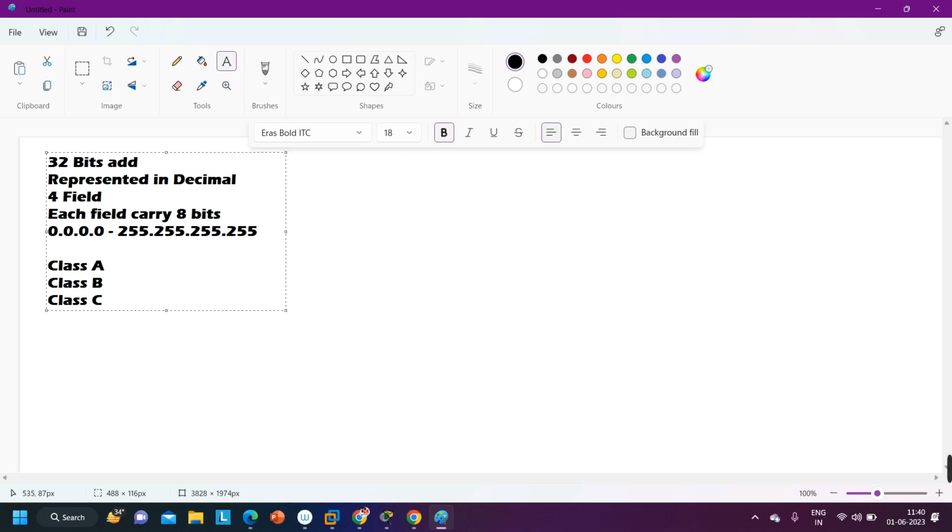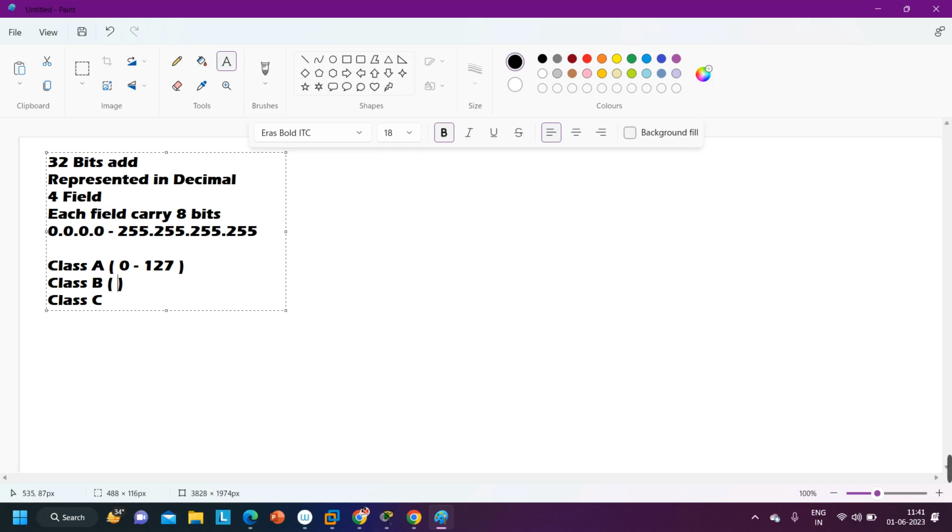The range of class A is 0 to 127. If the value in the first octet is from 0 to 127, that means that IP address belongs to class A. Yeah, that's correct.